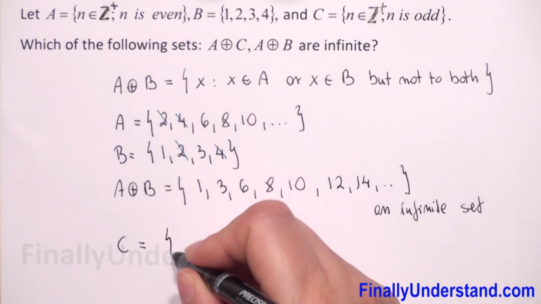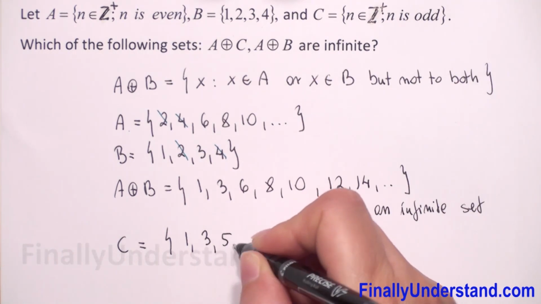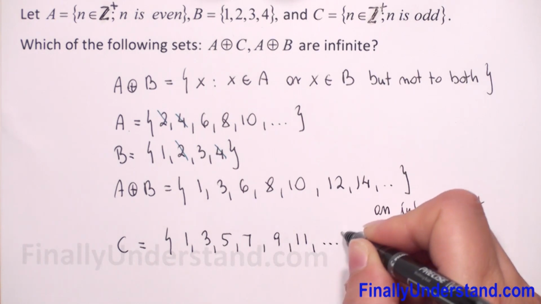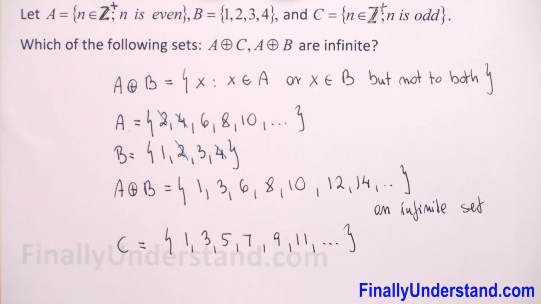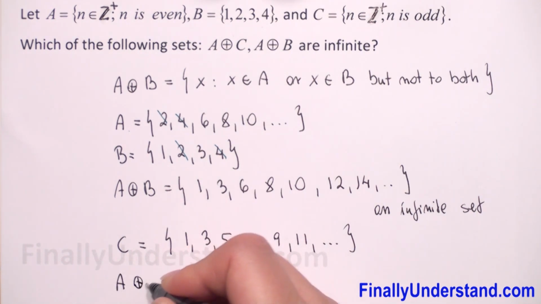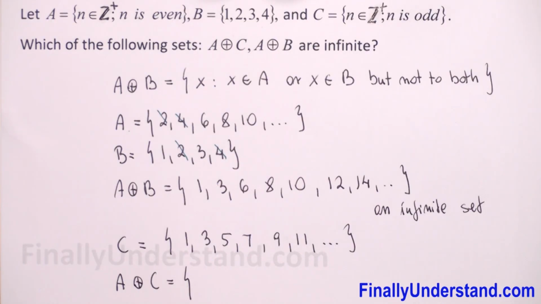So C has elements 1, 3, 5, 7, 9, 11, and so on. And now, when we have to find the symmetric difference of A and C, it will be all elements which belong to A or C but not to both.